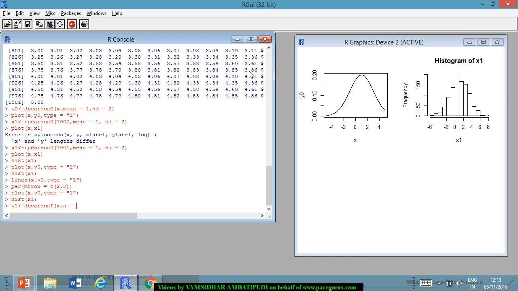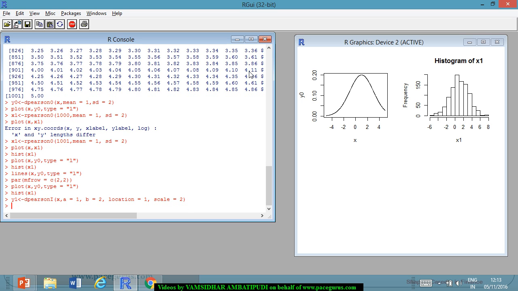So let me take some a value here. I'm taking the a value as 1 and b value as 2. Similarly, I could take my location parameter as 1 and the scale parameter as 2. Now based on this I get another distribution created, y1.